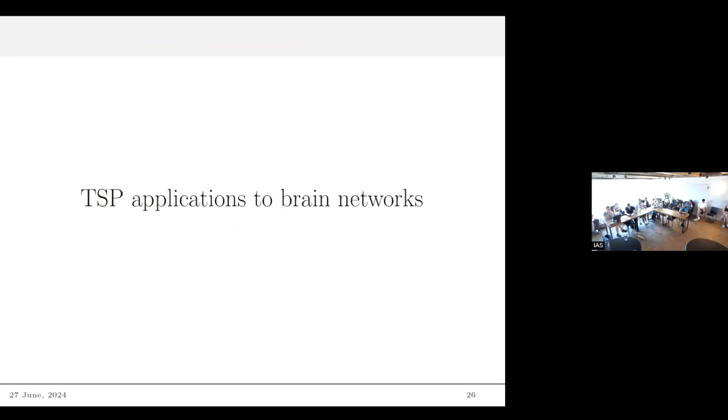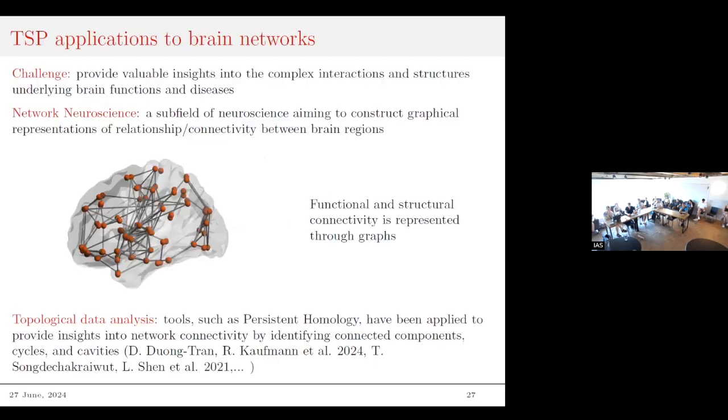Well, how can we exploit TSP in brain networks? The challenge is that I have to capture complex interactions and structures that are useful to understand the functional activity or structure of the brain.